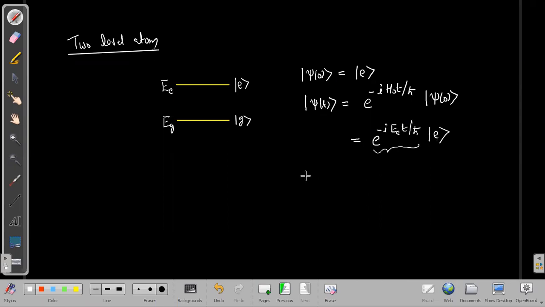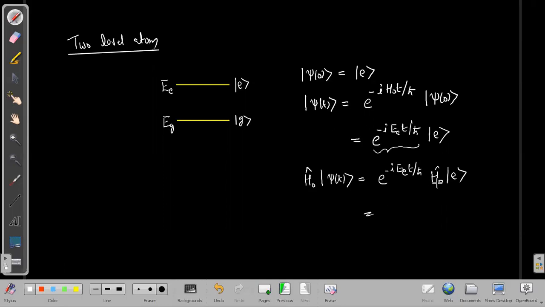The thing is, suppose you find the energy of the system. How will you find energy? You have to act with the Hamiltonian. So if you act with the Hamiltonian H0 on psi of t, what will you get? It will be e raised to minus i Ee t by h cross. So this is a constant. Then H0 acting on E. And what would be H0 acting on E?